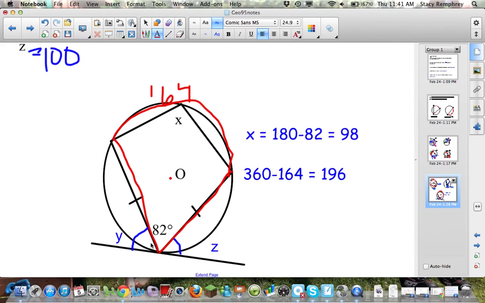So that would leave Y being, okay, I might have done the calculations here wrong.